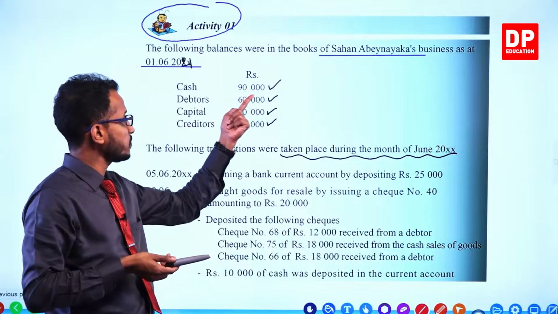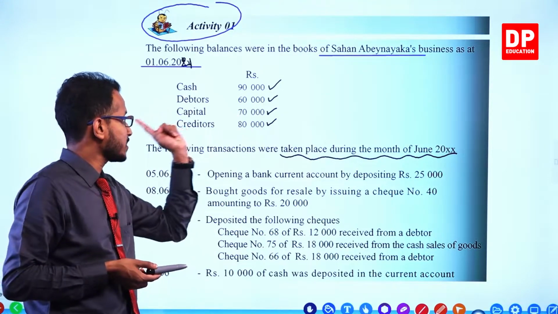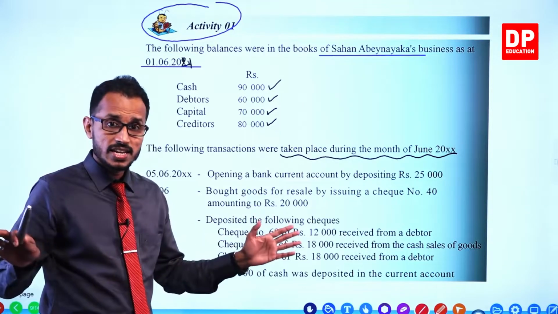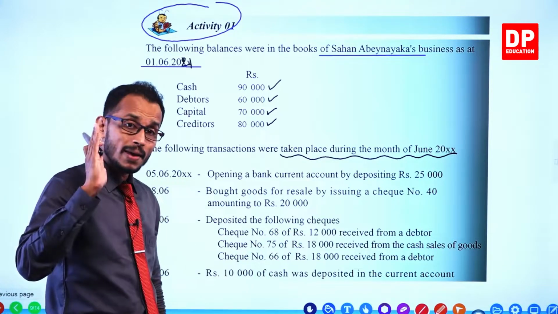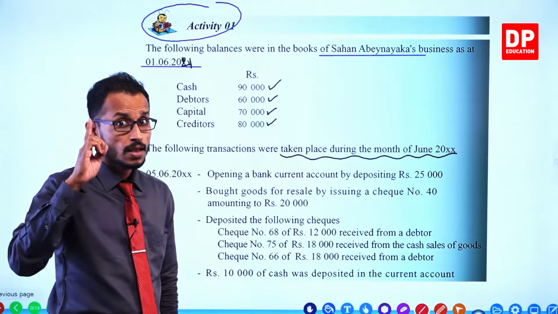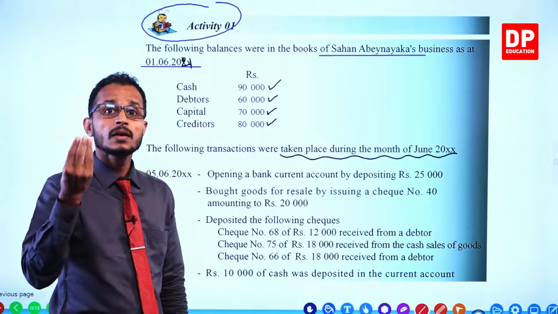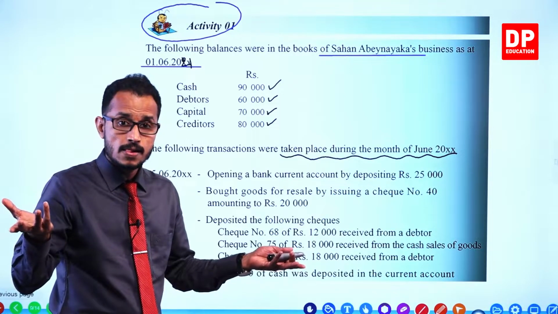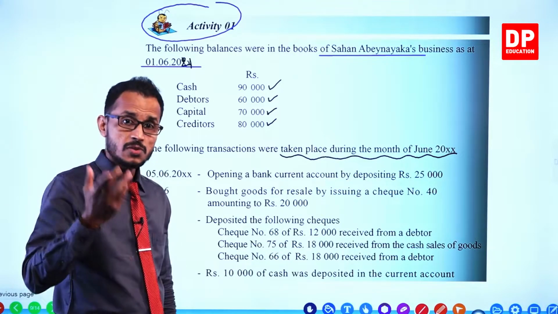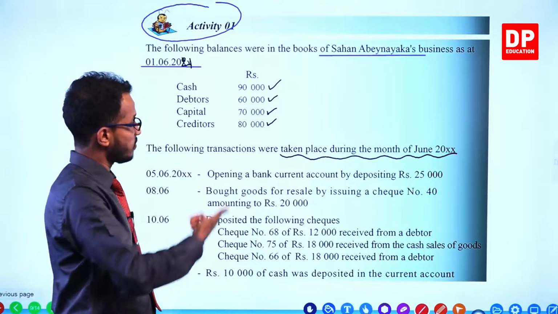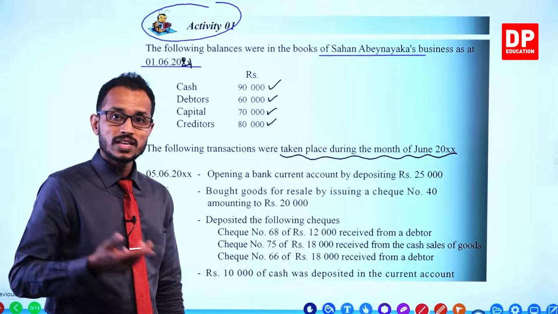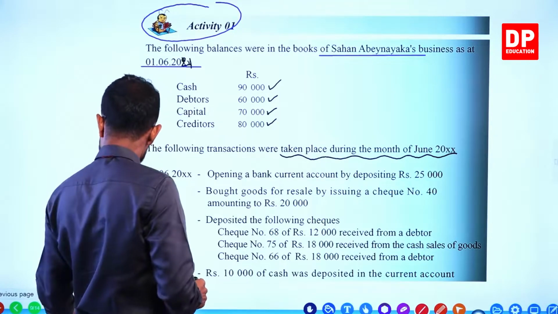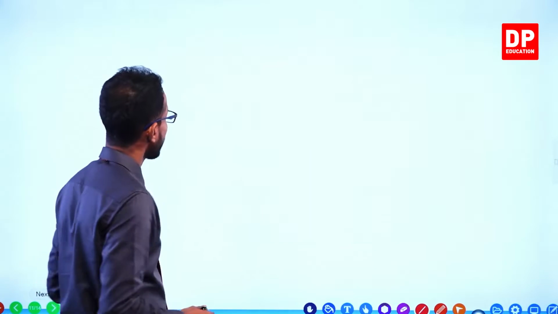Cash, we have a balance of 90, debtors 60, capital and creditors. I have told you very clearly, children, that if opening balances are given, you need to draw the accounts for the given balances to record them. You can't forget those. Let's start with these accounts.